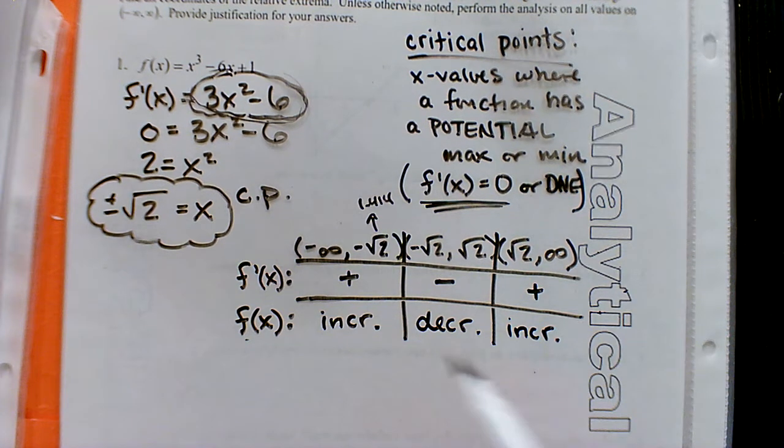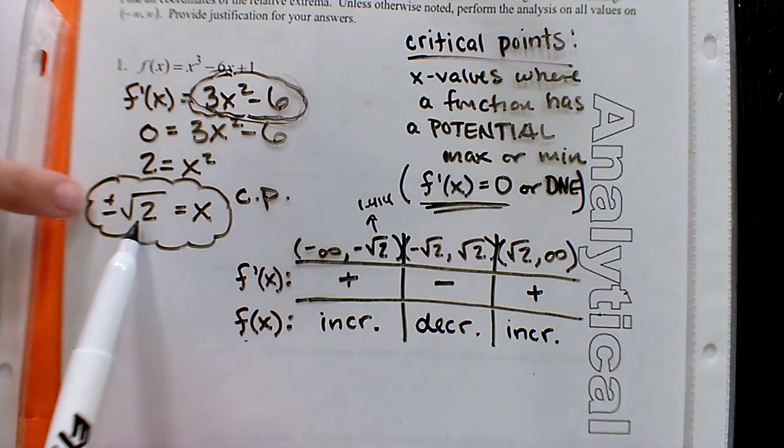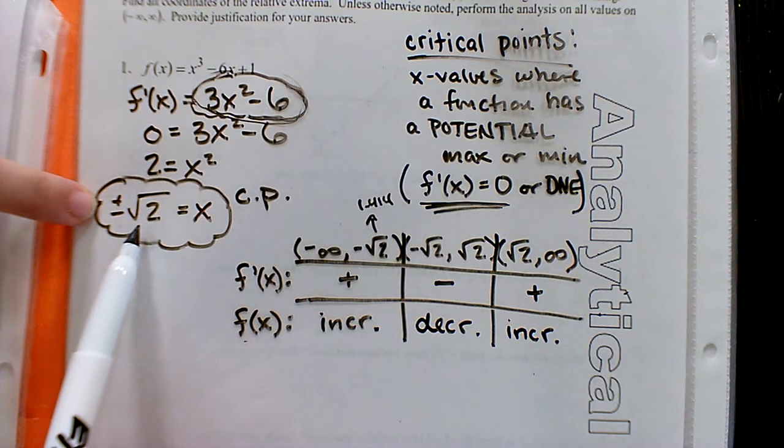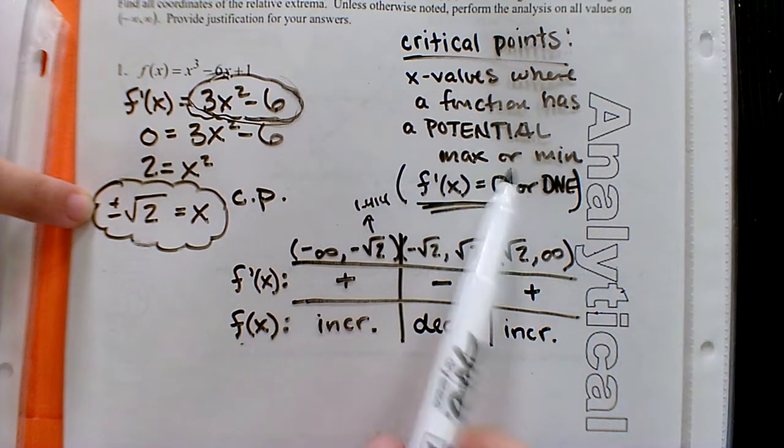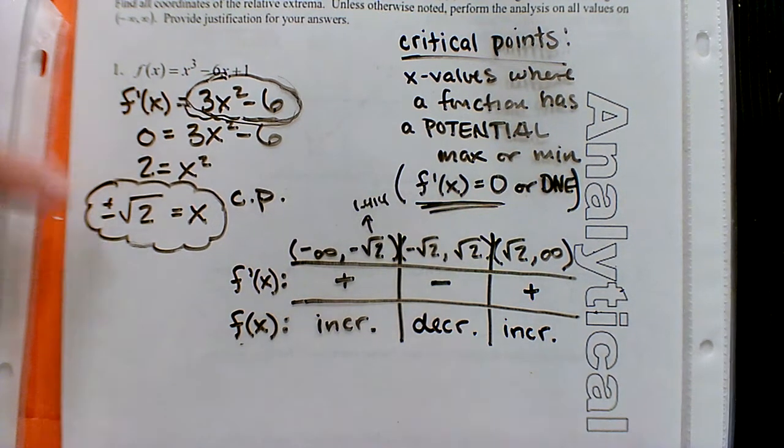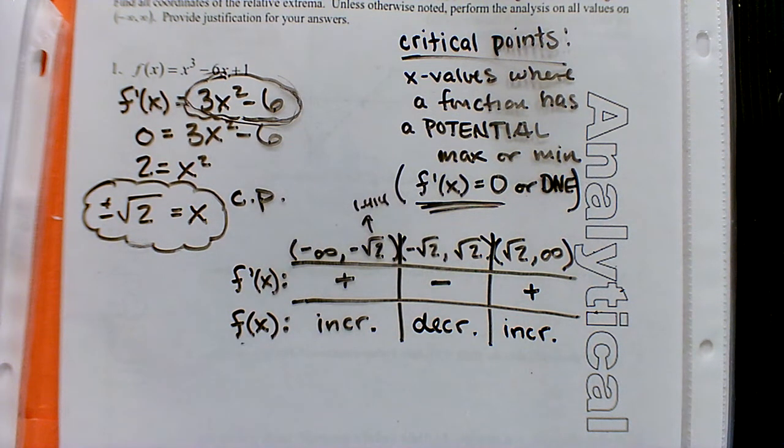Can we determine, we labeled that positive square root of 2 and negative square root of 2 were critical points. Okay, they are potential maxes or mins. Now that we've filled out this informational chart, can we say for certain if one of them is a max or one of them is a min based off of the behavior that we described?